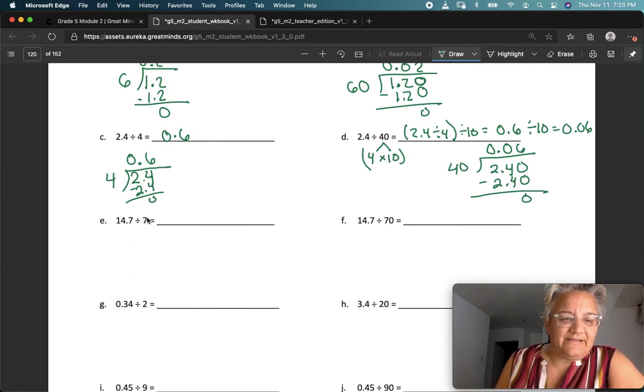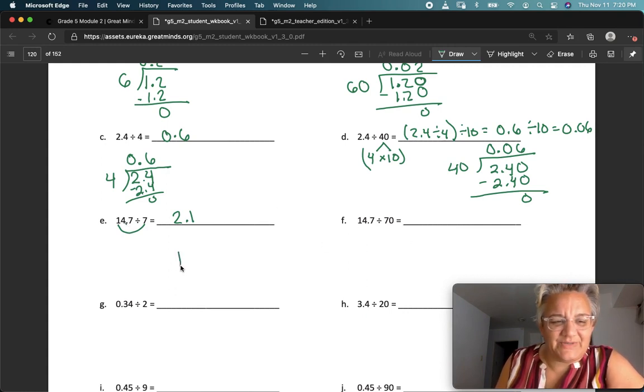Well, let's see. 7 will go into 14 two times, sorry. And 7 will go into 7/10 one time. So our answer is 2.1, right? 7 goes into 14, 7 goes into 7.